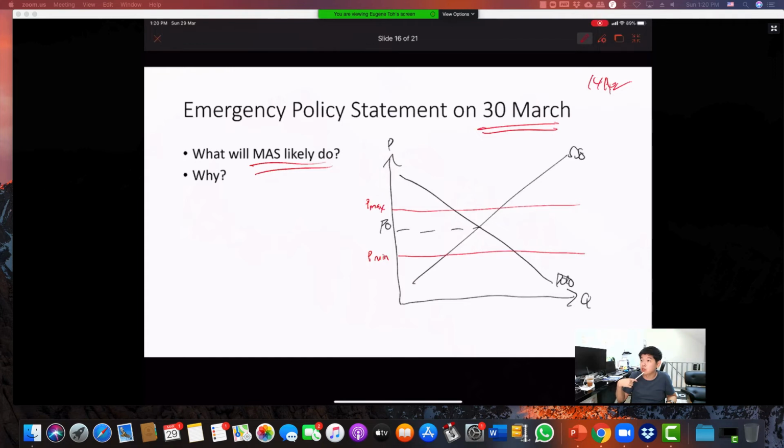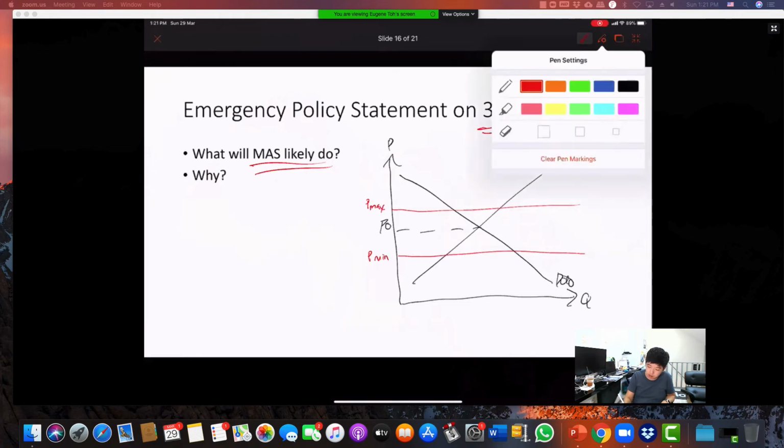What's been happening to the demand for Sing dollars lately? Waiting for your answers. Yes, there is a fall in demand for the Sing dollar.